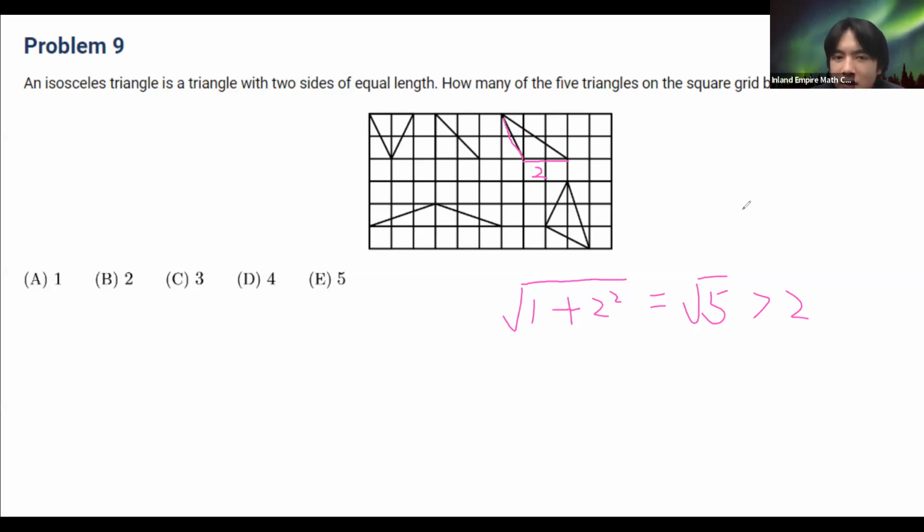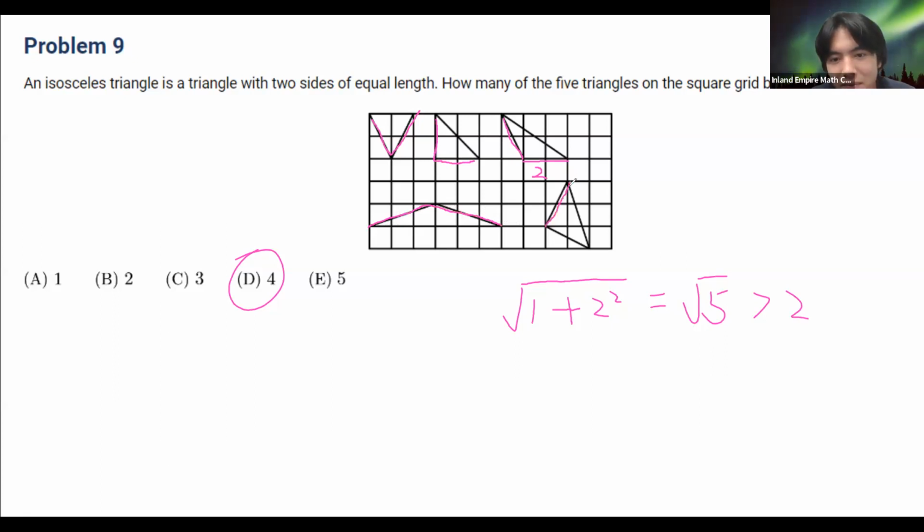Otherwise, everything else is an isosceles triangle. So the answer should be 4, D, right? Another way you can see this is just to count it. This triangle, these two are clearly the same, both 1 squared plus 2 squared. These two are clearly the same. These two are clearly the same.